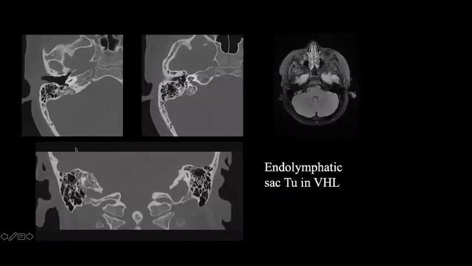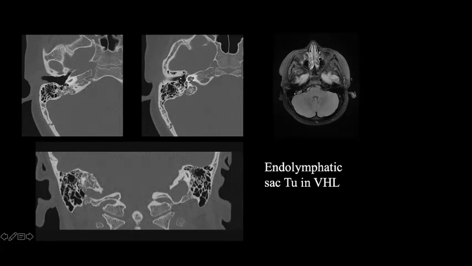And this is a case of endolymphatic sac tumor. So where the endolymphatic sac is located, where you can see the vestibular aqueduct. So this is the cochlea, and then this is the vestibule, and then here it should be the posterior semicircular canal. Next to it, we should look for the vestibular aqueduct.